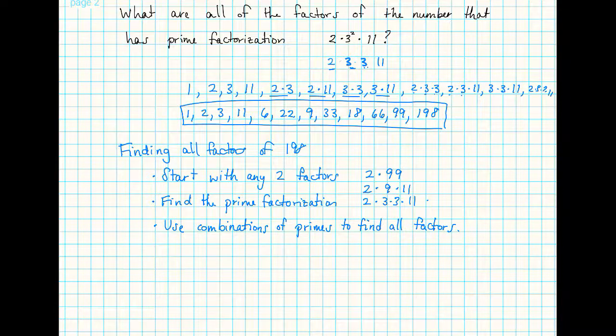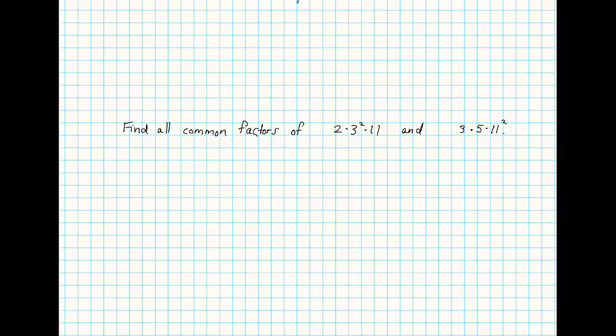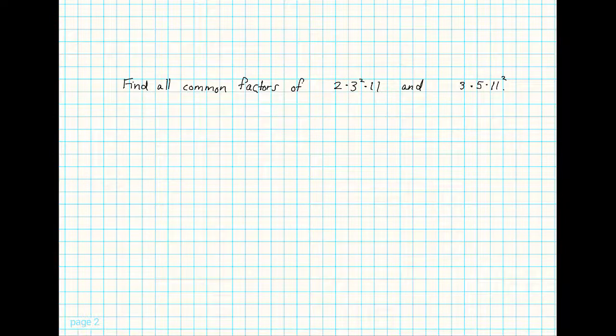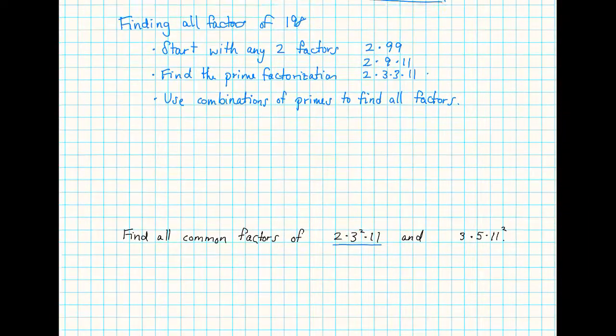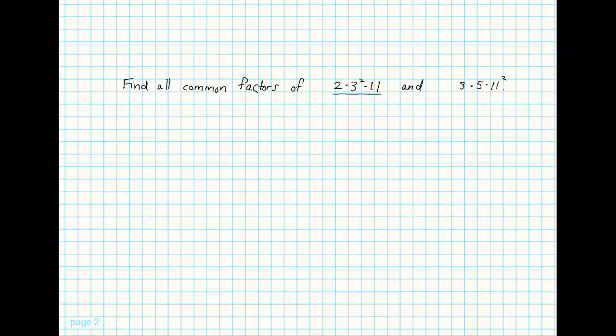Okay, so moving along. The next thing we want to do is find all common factors of 2 numbers. I'm intentionally giving you these in terms of prime factorizations. This is the same 198, and this is another number.